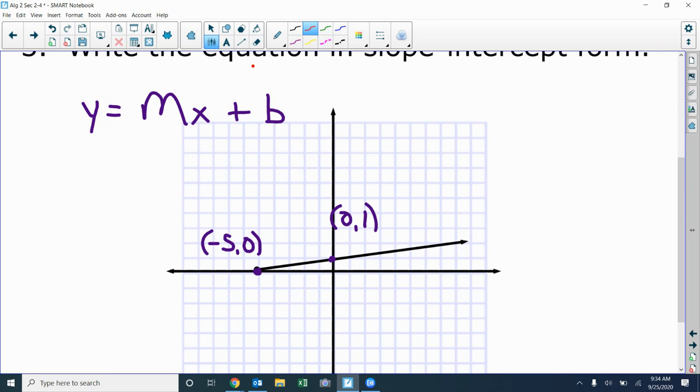Positive slope. Last one of these. Positive slope. Intercept. Intercept is 1.